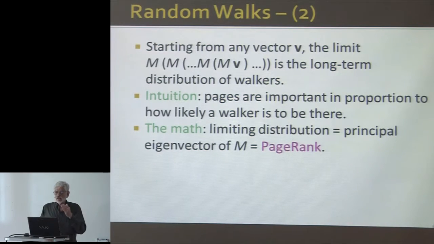But basically, if you take any distribution of the walkers among all the pages of the web, according to some vector V, and you keep multiplying that vector by M over and over again, eventually you get the limiting distribution of the walkers. And by the way, that is the principal eigenvector of this matrix.